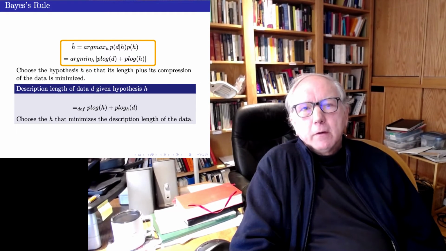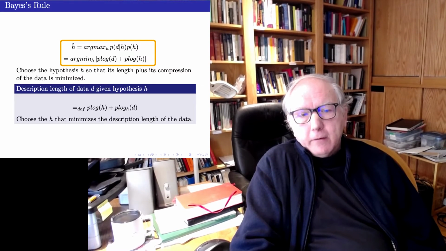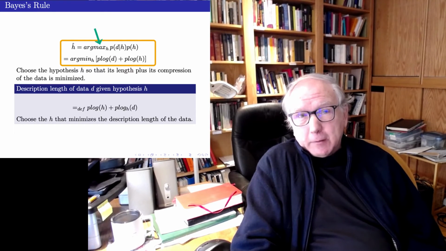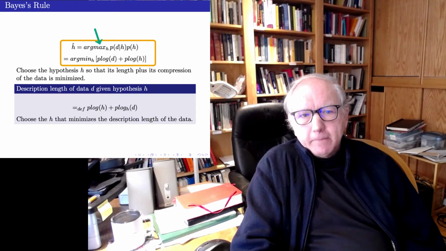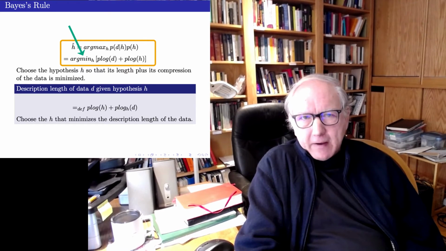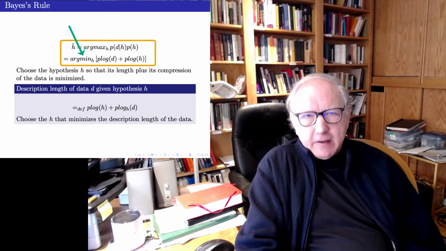But because I've multiplied by minus 1, I no longer am looking for the largest value, but rather the smallest value. So it's argmin, considering all of the hypotheses in my universe. We look for the smallest value that sums the log of D given H and the log of H.